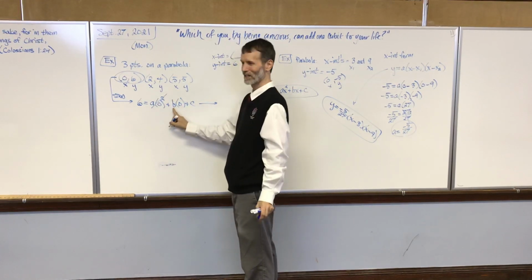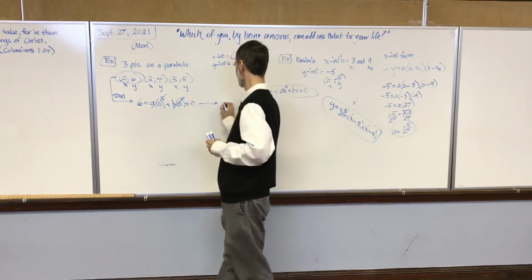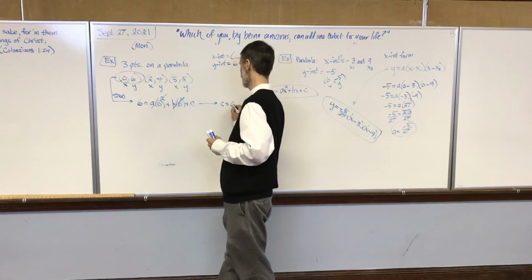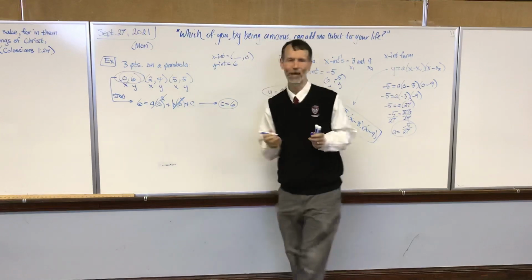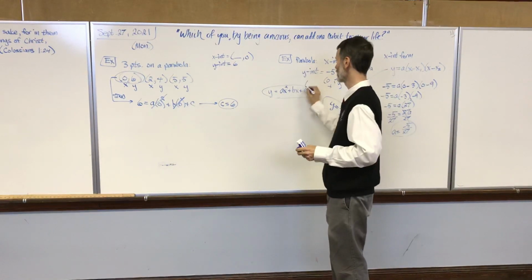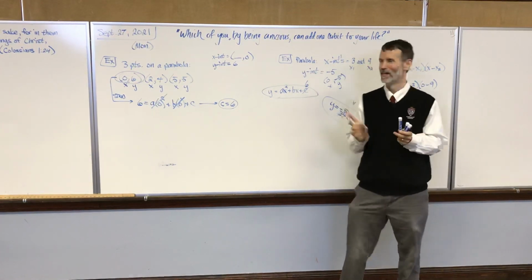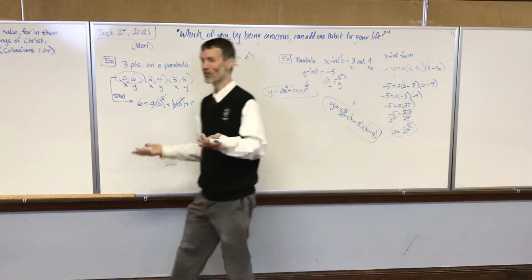What's 0 times b? 0. What's left? C. Equals 6. You're a third of the way done with the problem. We now know that it's ax squared plus bx plus 6. Catch that? Just plugging in the first point did give us something.